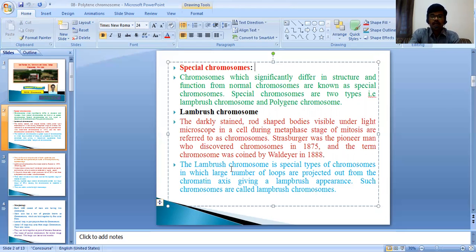The lampbrush chromosome is a special type of chromosome in which a large number of loops project out from the chromatin axis, giving a lampbrush appearance. Such chromosomes are called lampbrush chromosomes.